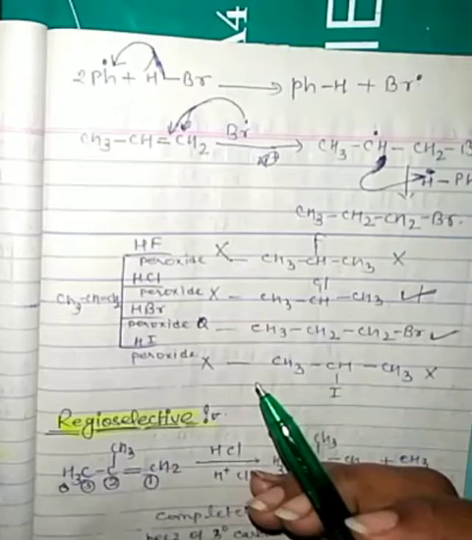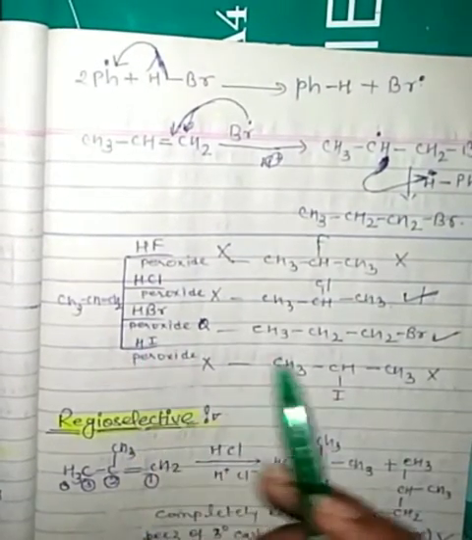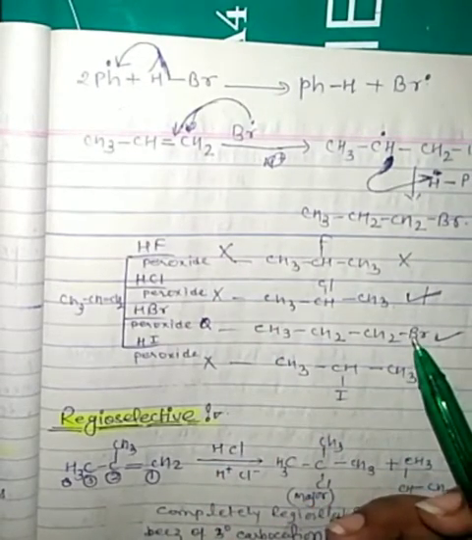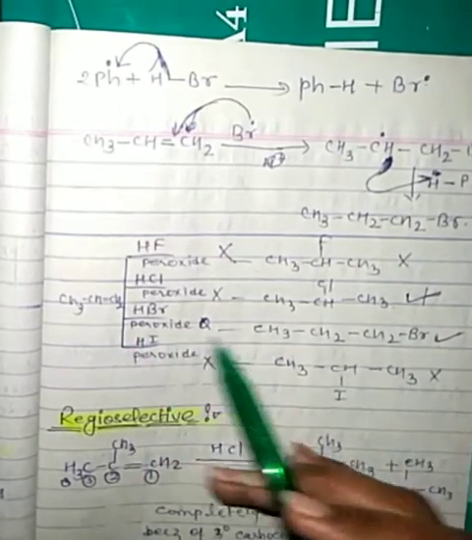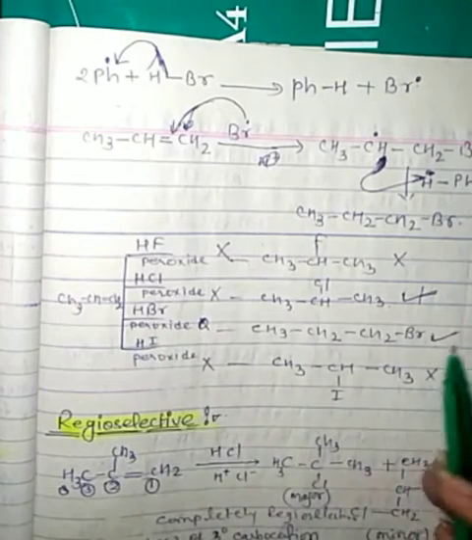There are given some other examples of where free radical reaction takes place or where not. Only with HBr, free radical reaction takes place.